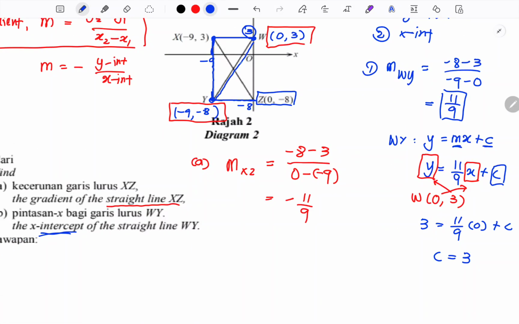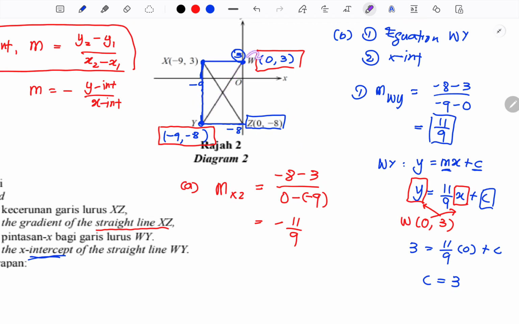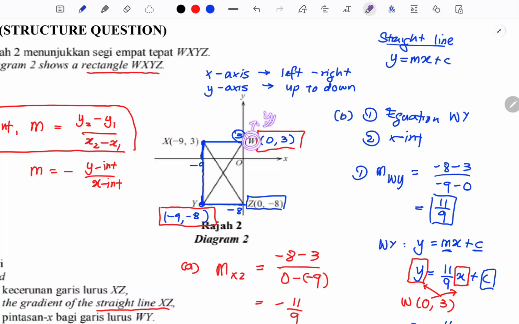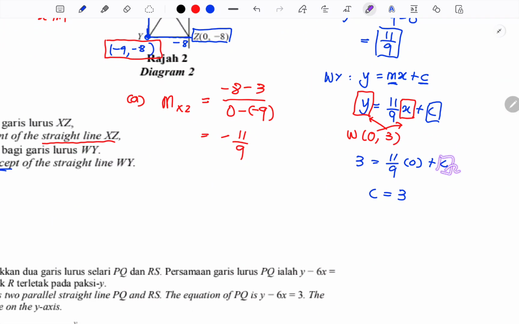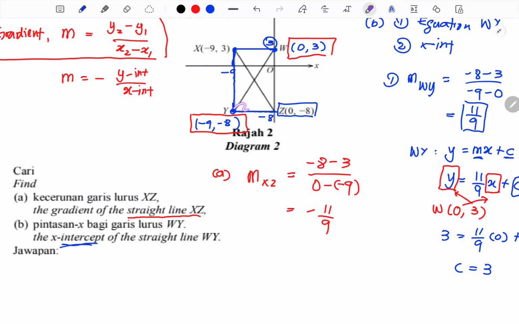WY cuts the y-axis at W, so W is actually the y-intercept, and this value of 3 is also c. Coincidentally, WY cuts the y-intercept at point W, so 3 is the value of the y-intercept.